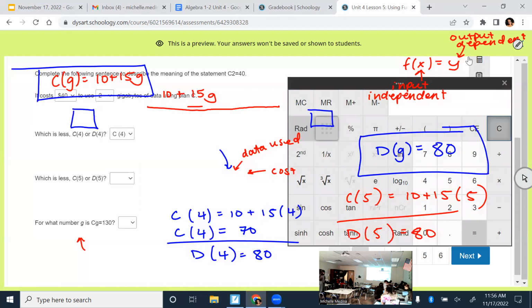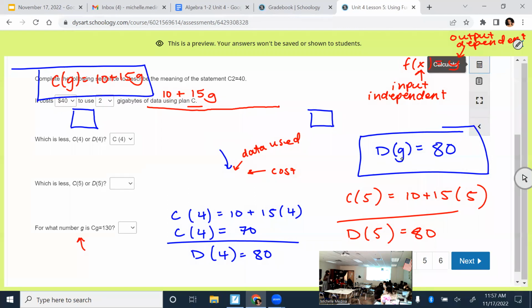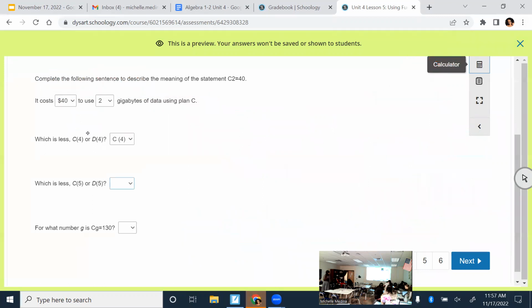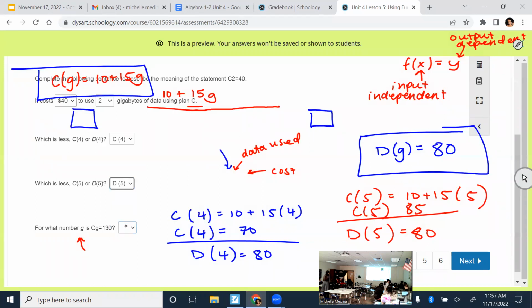Okay. 15 times 5, we will apply first. 75, and then plus 10 is. All right. So that's what company C is. Now which one is less? C or D? D. So D of 5 is less.